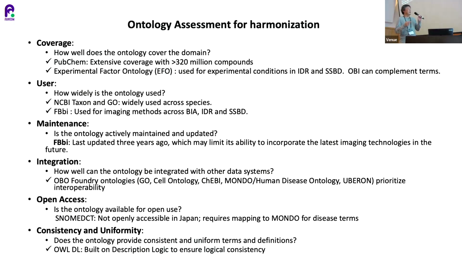Maintenance is also important: is the ontology actively maintained and updated? FBbi was last updated three years ago, so it is not well maintained. And integration: how well can those ontologies be integrated with other systems?